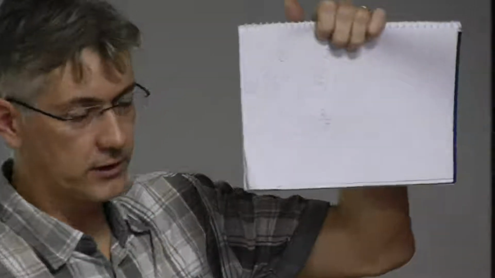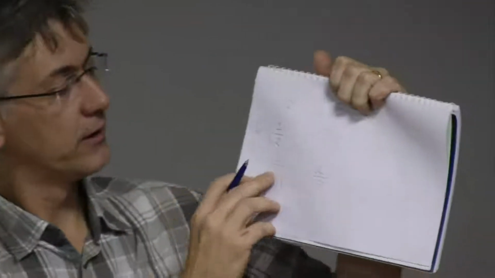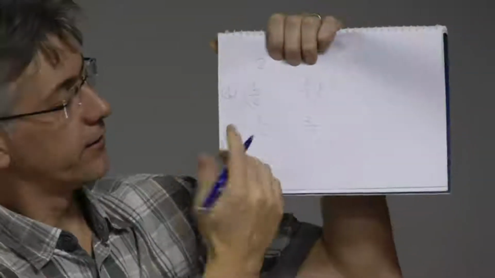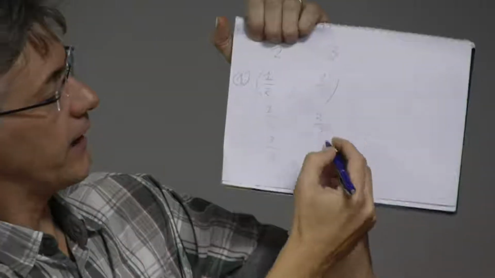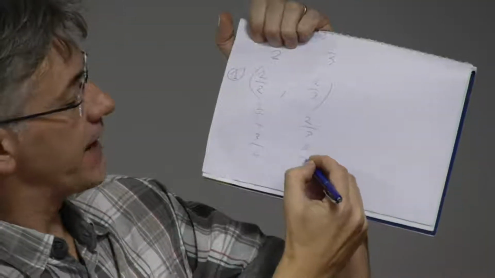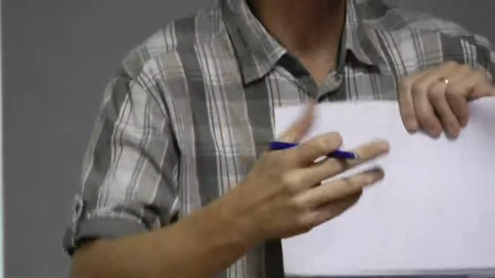After, I can take 3 over 4 here, and here I take 1 over 9. So you see this kind of construction, which is an algebraic construction on prime numbers by taking some fractions.